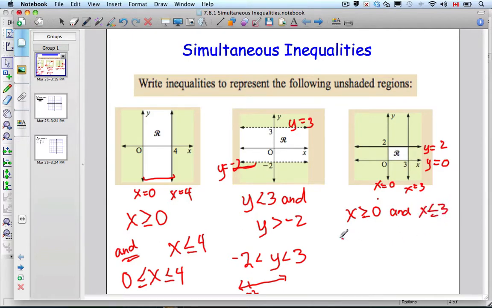And y has got to be less than or equal to 2, and y is greater than or equal to 0. All 4 conditions have to be met. Okay, great. Let's try a different scenario.